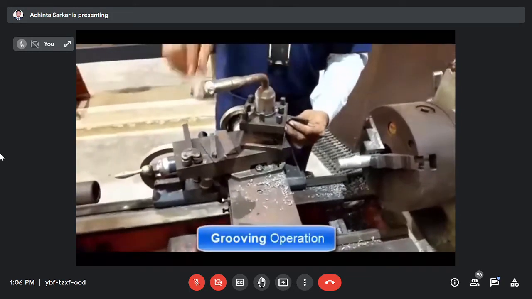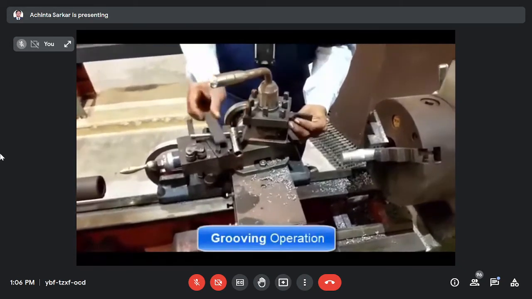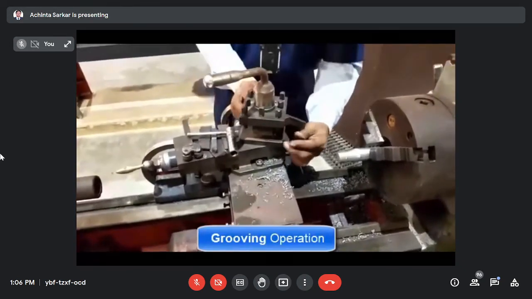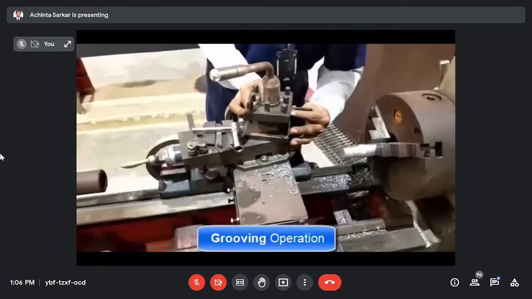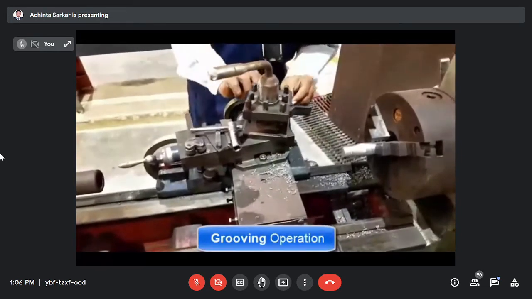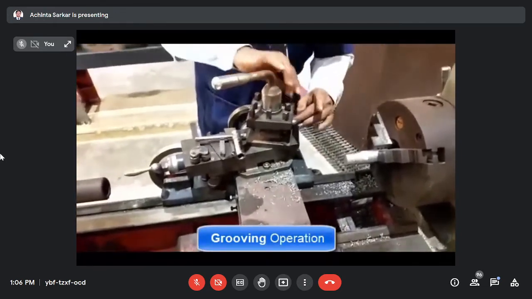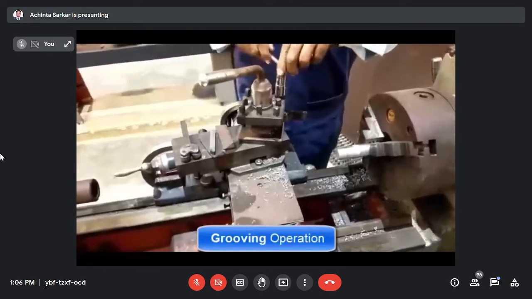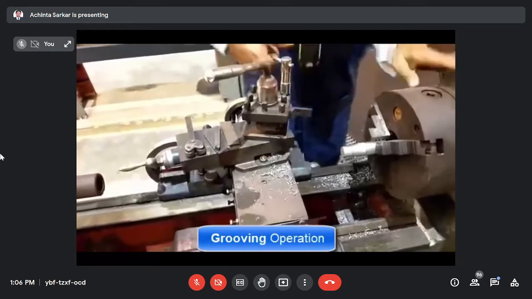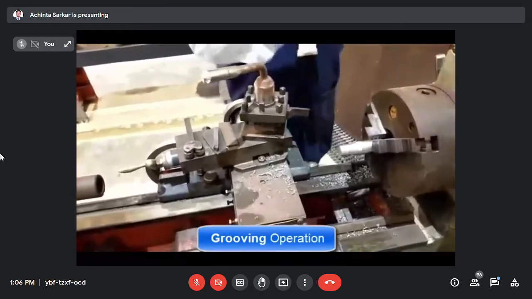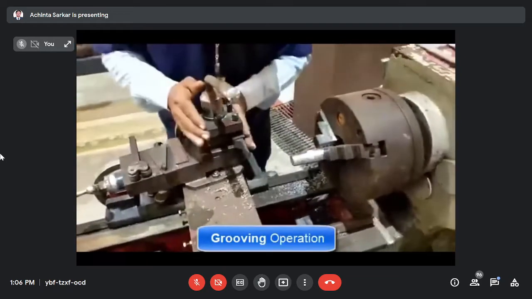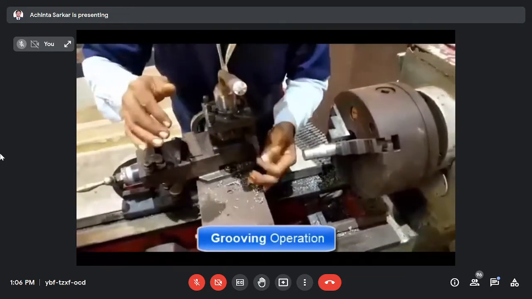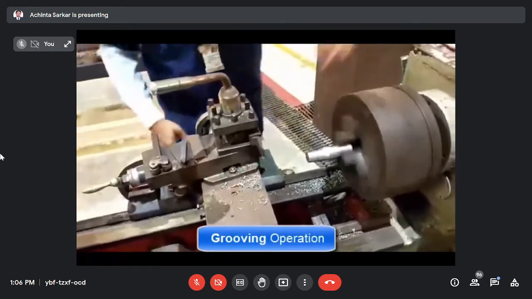It does not maintain the exact center height, so one packing was removed to maintain the proper center height. This creates friction and the metal is not removing properly. That is why we are getting this demerit, this difficulty. That is why I am going to start again.